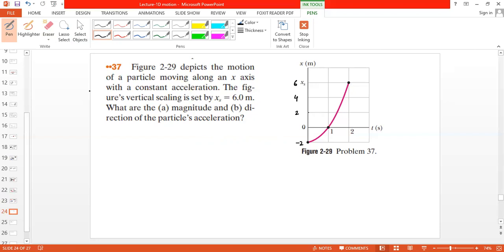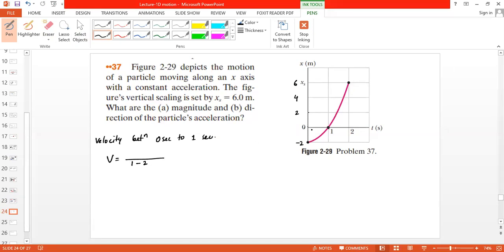So first thing first, let's take these 2 points, 0 second and 1 second. The velocity between 0 second to 1 second is the difference in position by the difference in time.